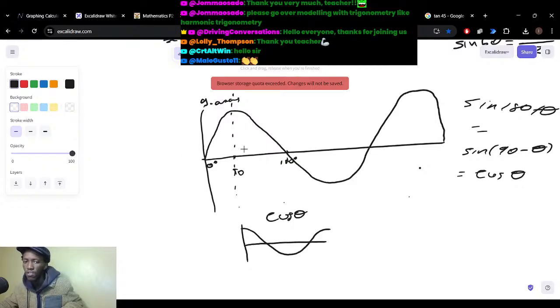Is it minus cos? It's the easier way than expanding sine 180 plus theta and solving it algebraically. You just work with the shifts, what we call phases.